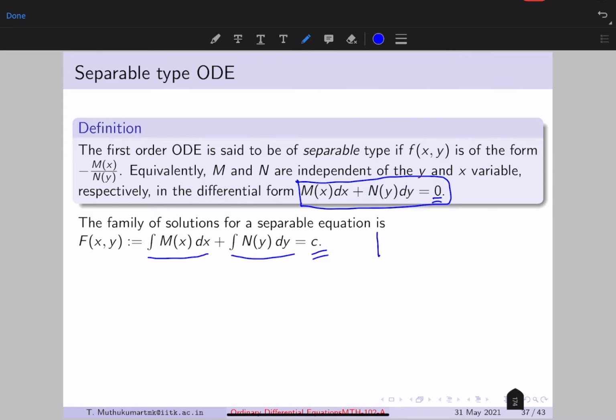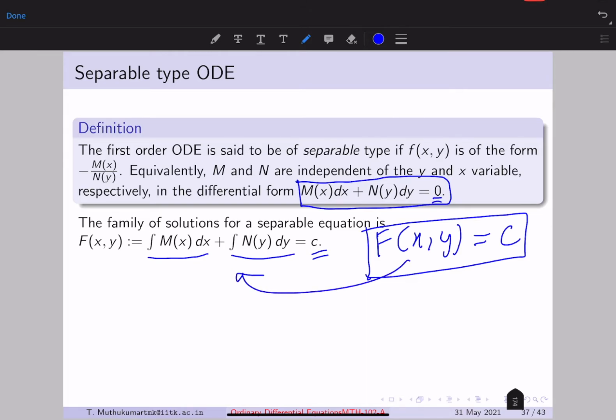So you actually have a family of solutions F(x,y) equal to c, where F(x,y) is precisely whatever you get after you integrate. So this is the simplest ODE that you can solve, and this is due to the fact that you could separate the variables.